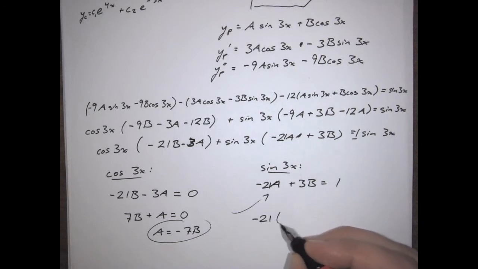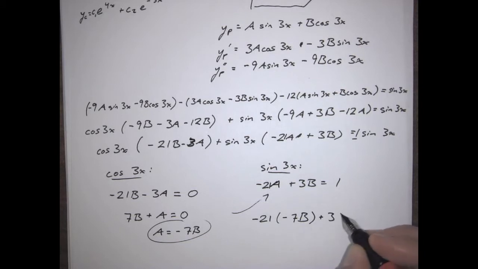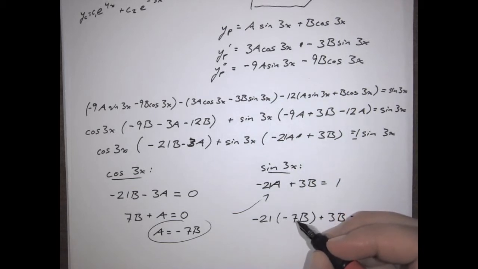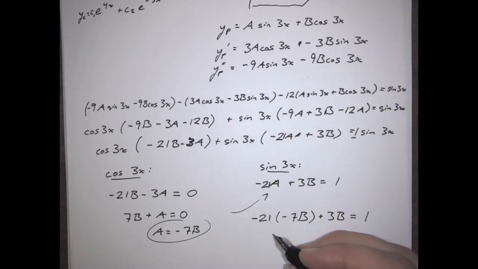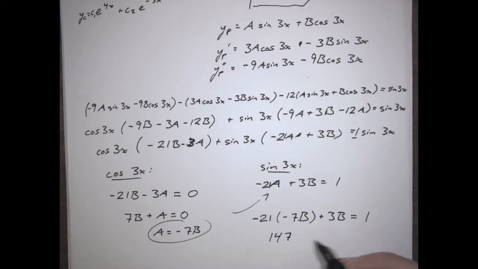Negative 21 times negative 7b plus 3b equals 1. And so here we have 21 times 7, so that's 49 times 3, so that would be 147? Yeah, 147b plus 3b equals 1.